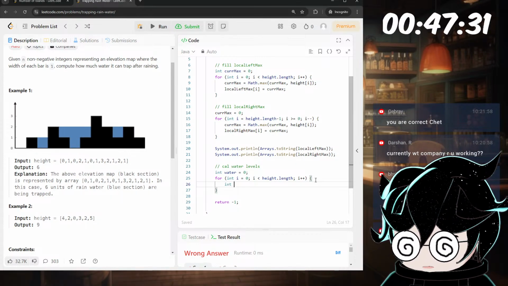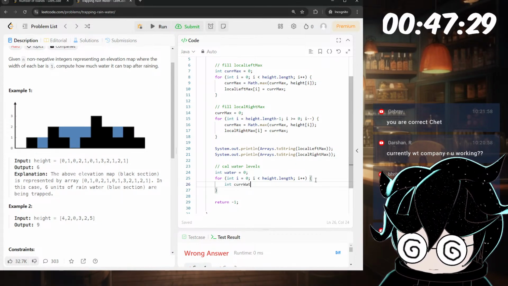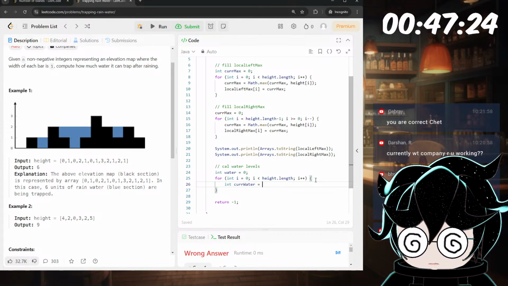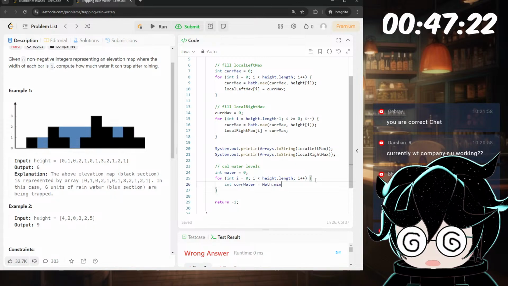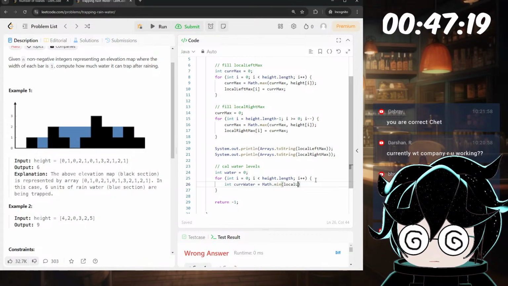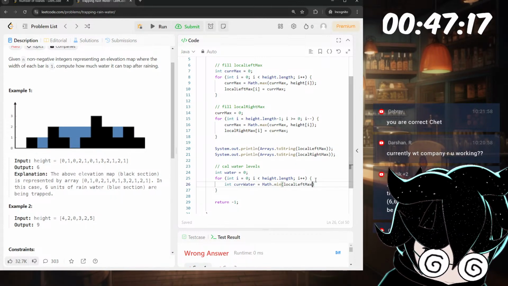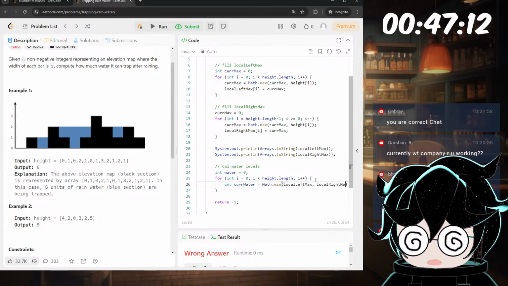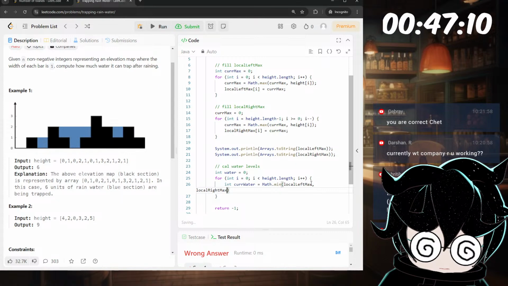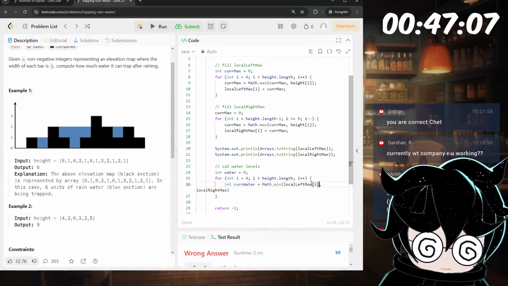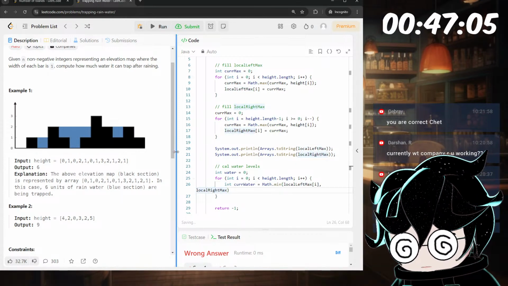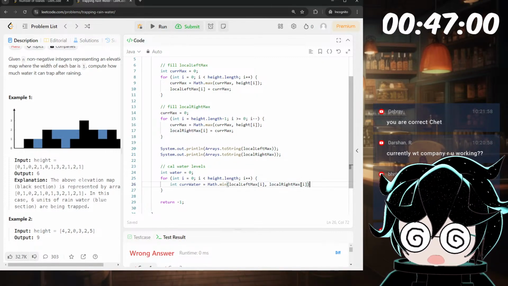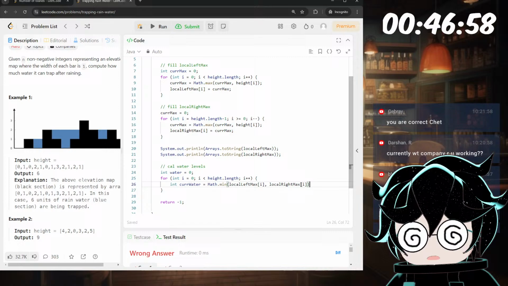Int current water is equal to Math.min of the local left max I and local right max I. Basically the lowest boundary on either side, right?